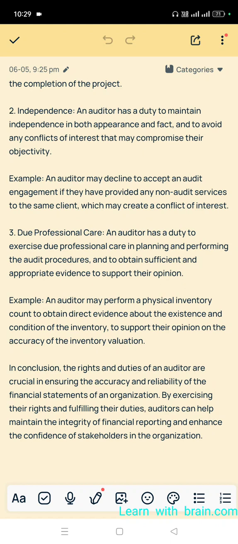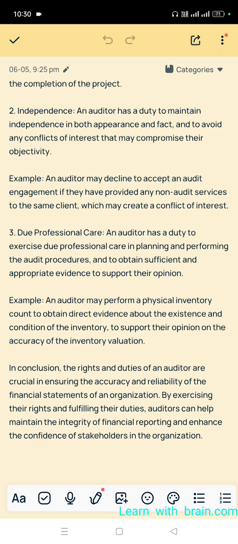An auditor may decline to accept an audit engagement if they have provided any non-audit services to the same client. For example, some auditors provide audit services and also non-audit services, such as income tax services or legal services or other beneficial services. Then he may get confused about whether to do the actual audit, or he may look for some personal benefit from them. That is why an auditor may decline to accept an audit engagement if they have provided non-audit services to the same client, which may create a conflict of interest.